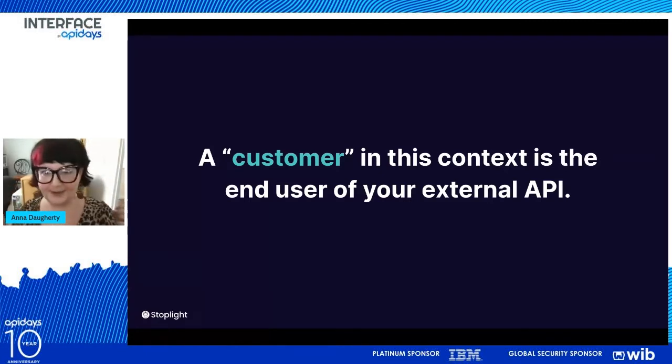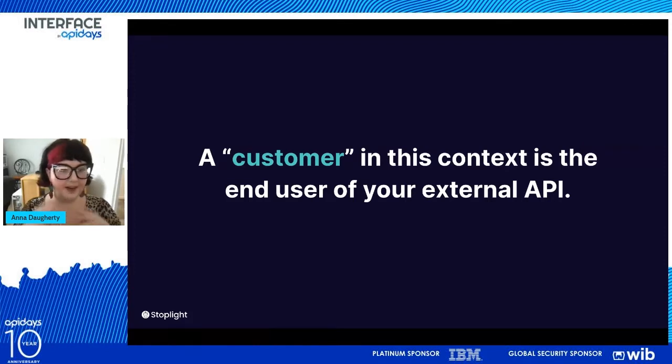So let's take a step back and ask, what does a customer mean in this context? Traditionally you might think of a customer as a person buying a pair of pants. But your customer is the person who's using your external API. Just like Raphael said in the previous session, they're your developers. Sometimes they're even the business end of another business integrating with your API.